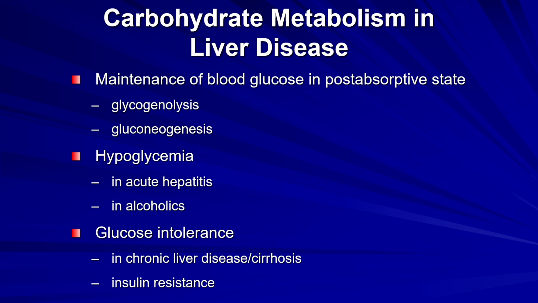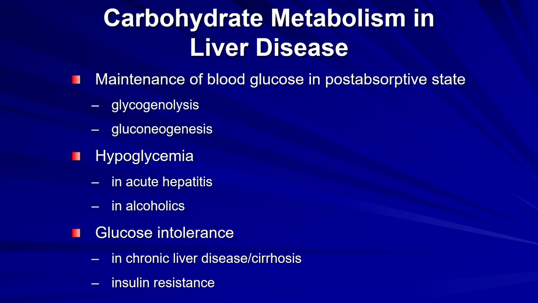There are two possible consequences of liver diseases on carbohydrate metabolism. The first one is hypoglycemia. We can see that in acute hepatitis, particularly in fulminant hepatitis, when simply there would not be enough hepatocytes to do gluconeogenesis and glycogenolysis.